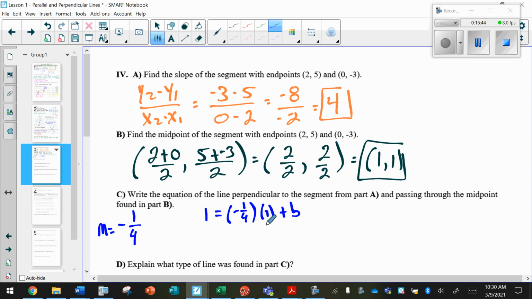If you're doing your math correctly, even with the help of the calculator, you will get your y-intercept at 1.25. So when you write the equation, it's y = -1/4 x + 1.25.